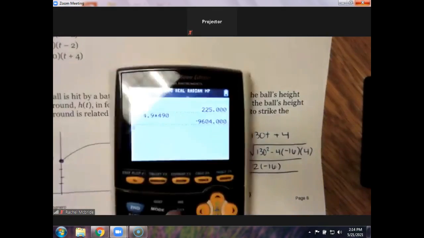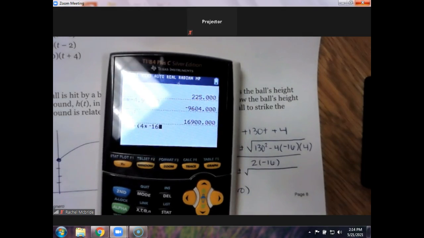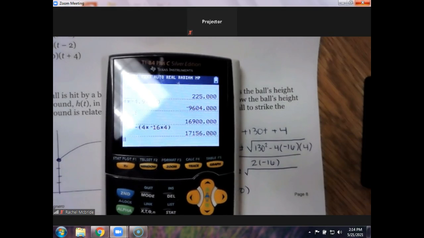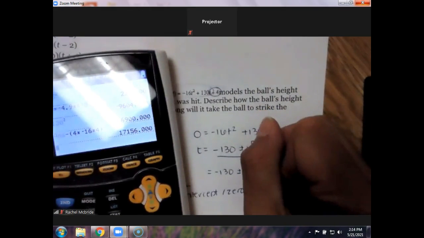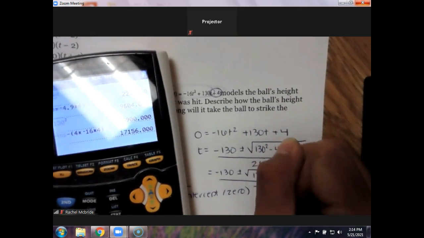So you take 130 squared, subtract 4 times -16 times 4, and you get 17,156 all over -32.